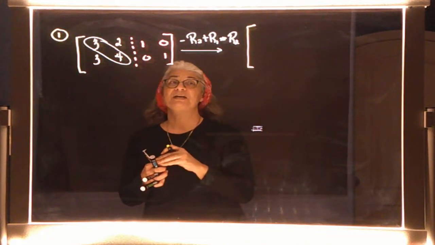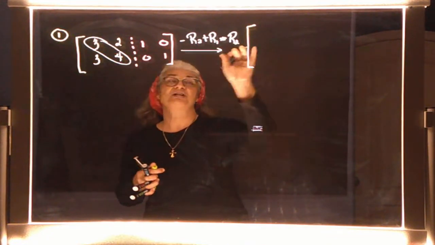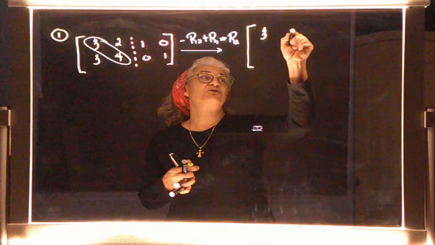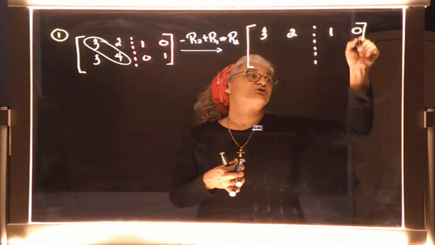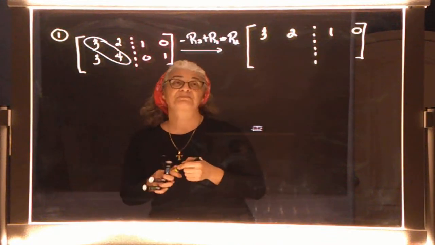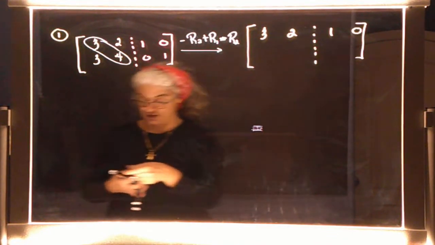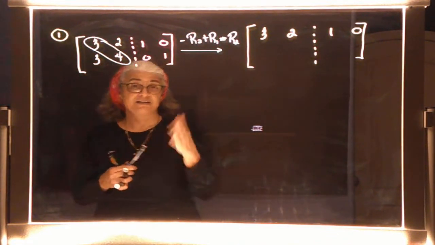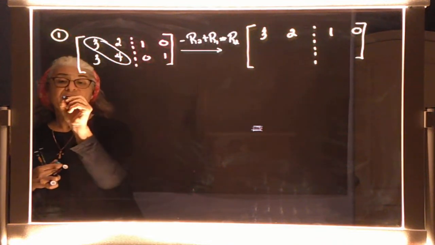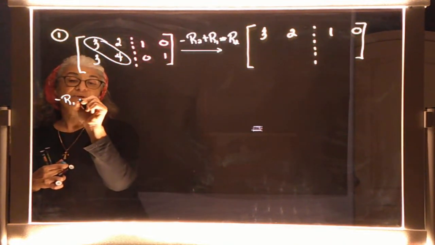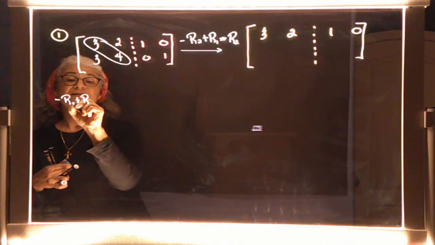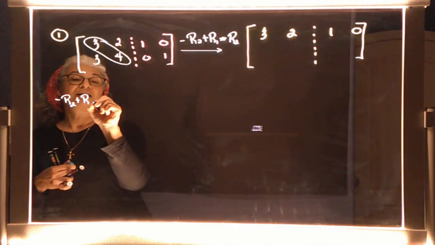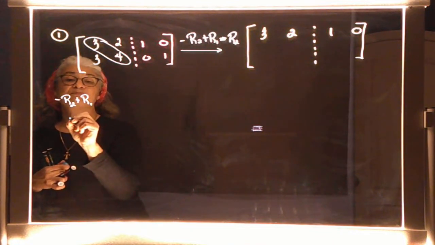All right, so let's see what's going to happen here as I do the work. Row 2 is the one that's going to change. So we're just going to rewrite row number 1 as is, since I'm not trying to get a 0 in that row. And if you need to do your side work, then get another piece of paper and do the side work. We need to do negative 1 times row 2, and then add it to row 1.